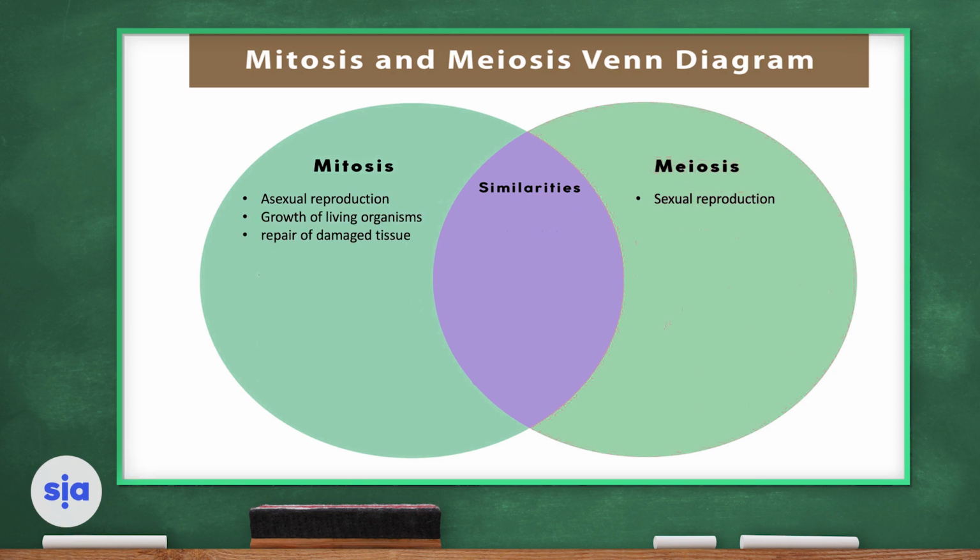Mitosis' aim is the growth of living organisms and the repair of the damaged tissue, while meiosis is mainly for production of gametes. Somatic cells divide by mitosis, except the nerve cells and the red blood cells, while reproductive cells divide by meiosis.